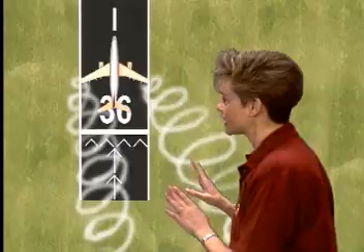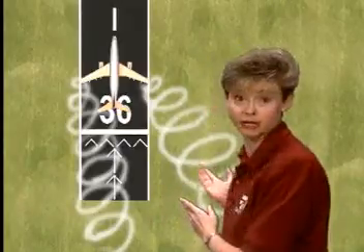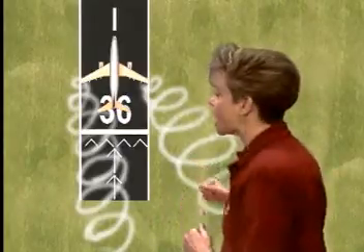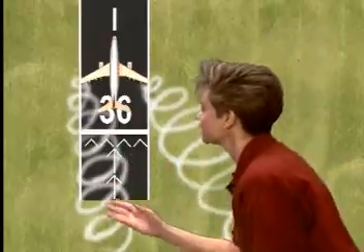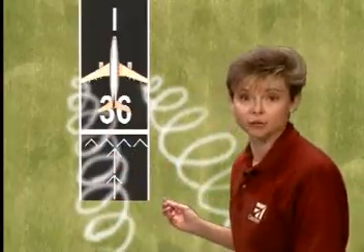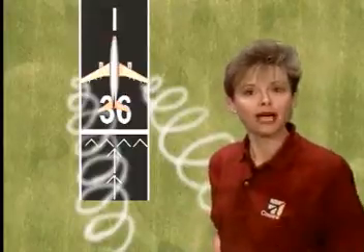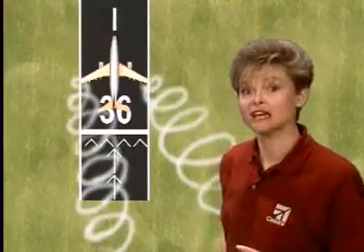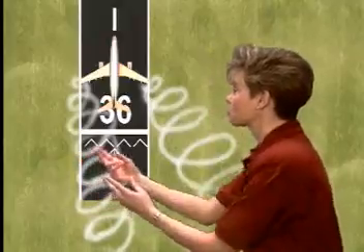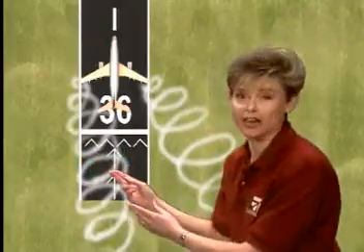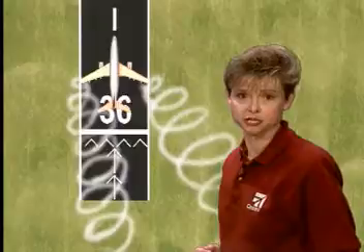And let's assume that you have a 5-knot quartering tailwind. Well, you could see what would happen. This upwind vortex would be held right over the runway. The downwind vortex would be blown away, and that's no problem. So when you have a light quartering tailwind, the upwind vortex could be right here over the runway, and that would be your most dangerous situation.